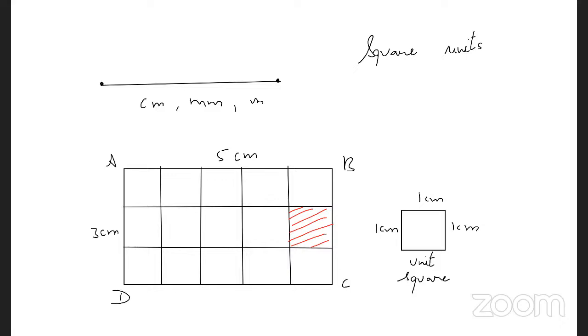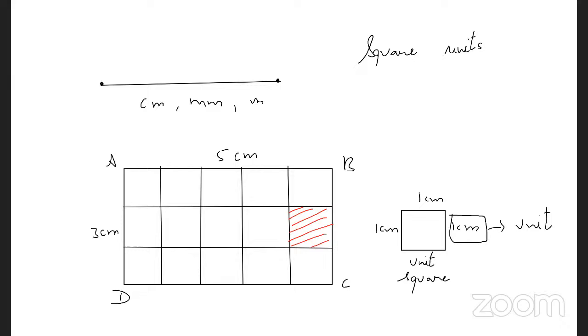All right, and if I talk about its area, that is length into breadth, 5 into 3, that is 15 square unit. And what is the unit here? What is the unit? One centimeter. Yes, 1 centimeter. This is the unit.